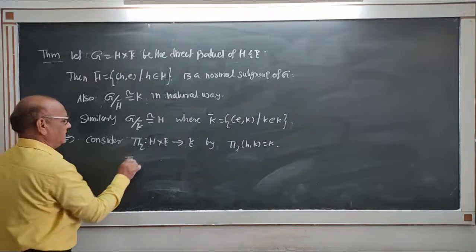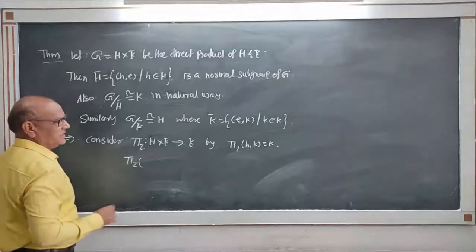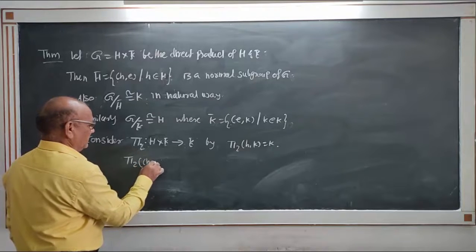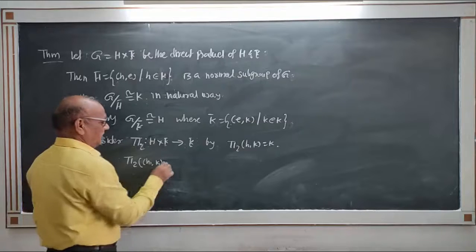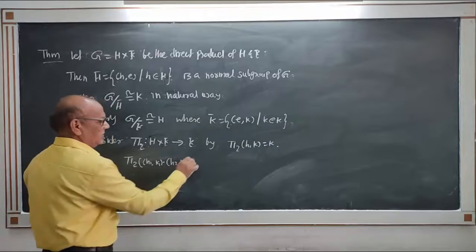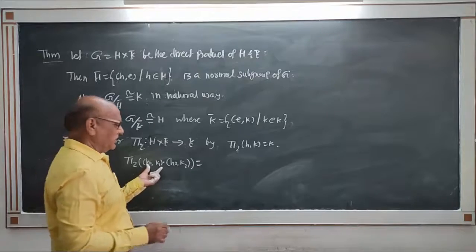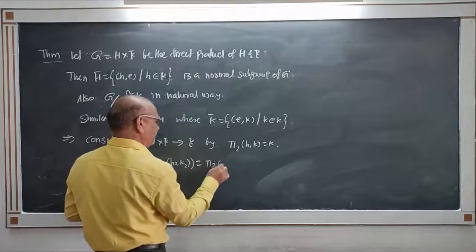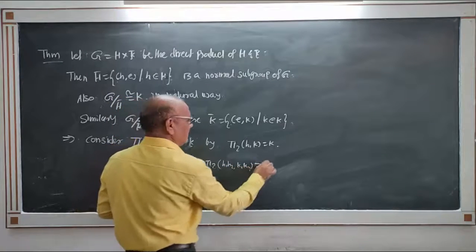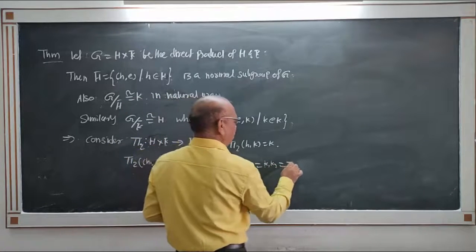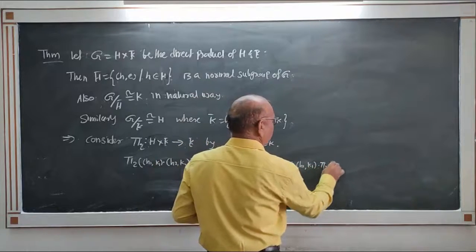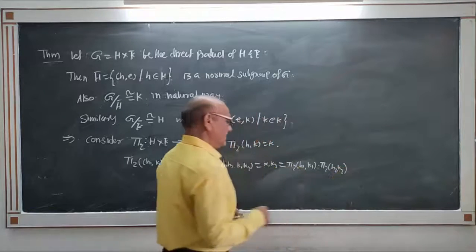If you take the elements (h1, k1) and (h2, k2), the product component gives k1 k2, that means pi 2 of (h1, k1) and pi 2 of (h2, k2), like this.